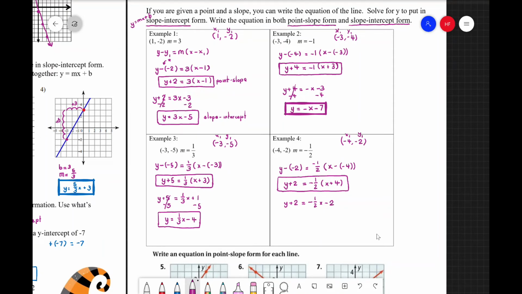We're going to get that 2 away from y, so we're subtracting 2. Y equals negative 1/2 x minus 4. And that's our slope-intercept form. So see, we were able to find slope-intercept when we were given a random point on the line and the slope.